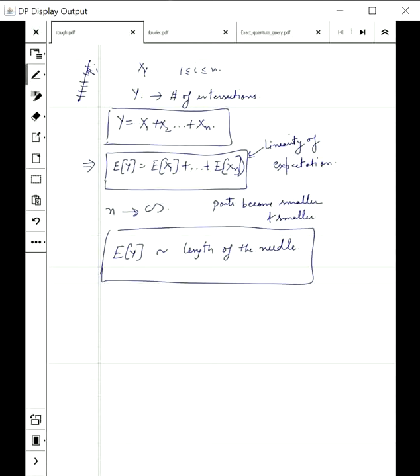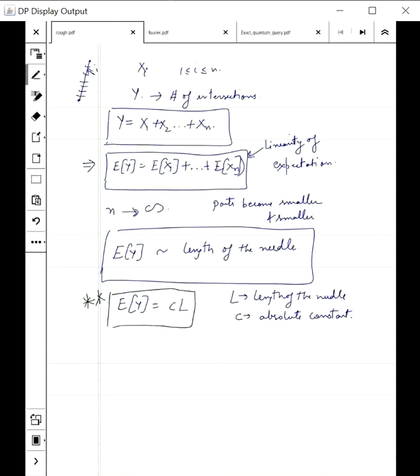So putting it mathematically, E of y equals C times L, where L is the length of the needle and C is some absolute constant. I would like to emphasize what we have got here. This tells you the expectation in terms of the length of the needle.